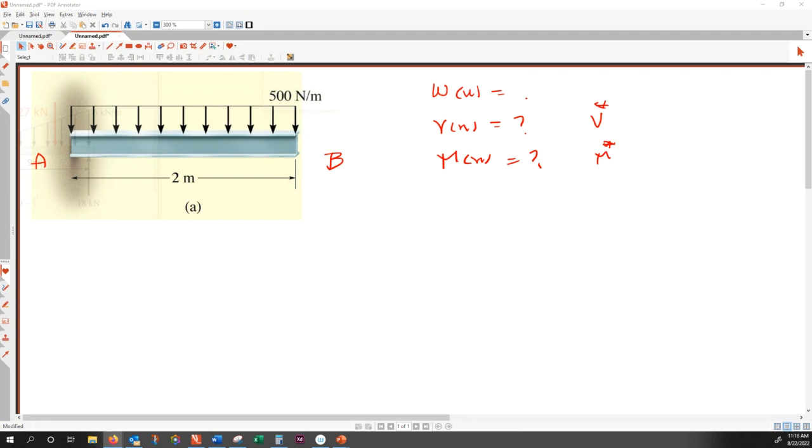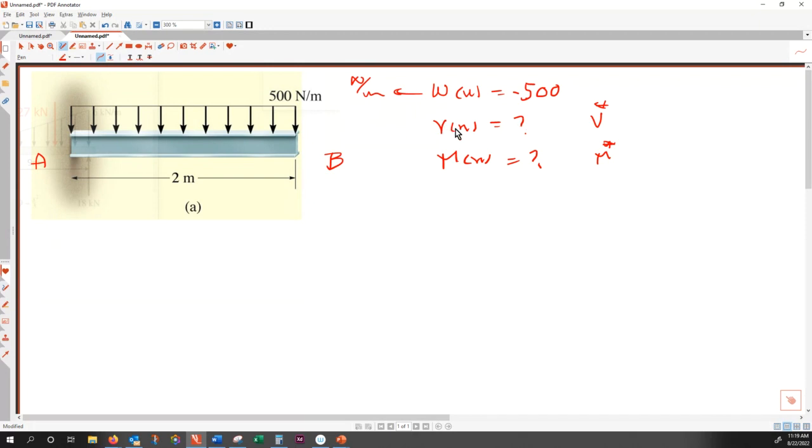Yes, that's constant. And is this positive 500 or minus 500, Ben? Minus. Well done. So that is minus 500. Everyone can follow this. This is a downward distributed load of 500. And we know that W of X, the unit is Newton per meter. So that is minus 500.